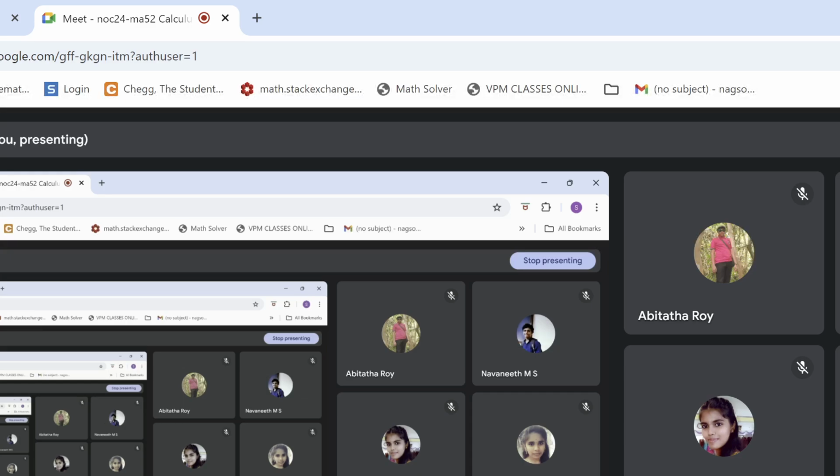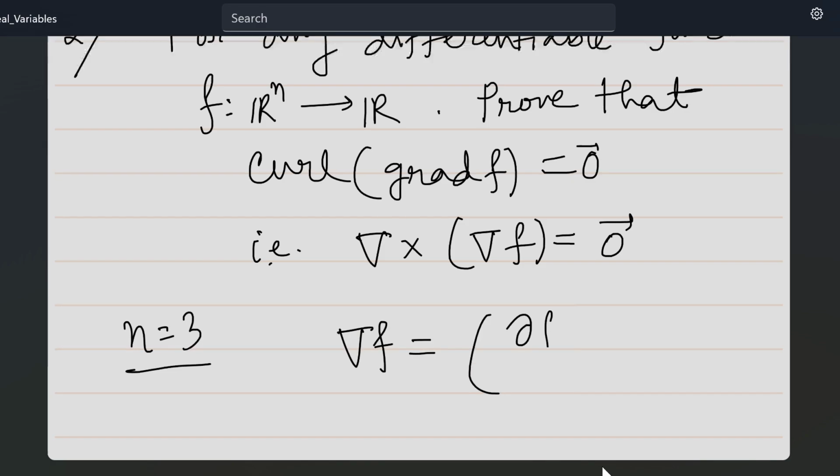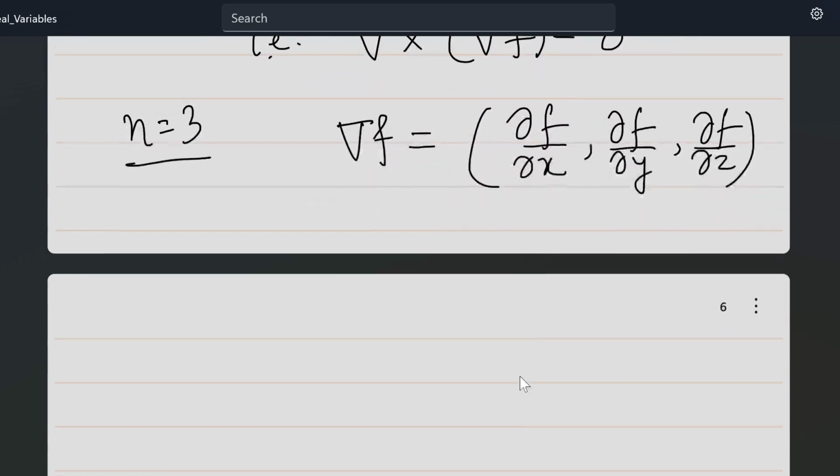Okay, but I will prove it analytically. I will take f as f1, f2, f3, or I will take this Rn as R3. Suppose n equals 3, I will prove it for 3. First of all, suppose grad of f is del f del x, a vector, so I'm writing it component-wise. This is grad f, right?